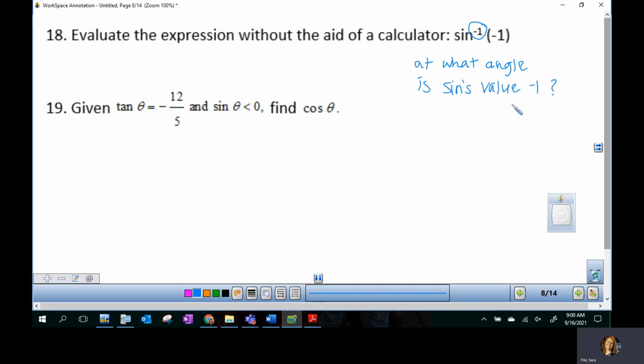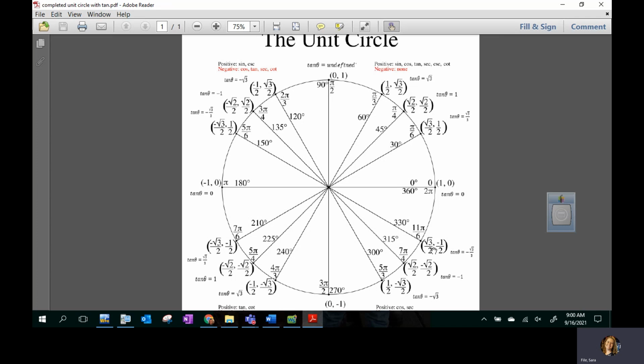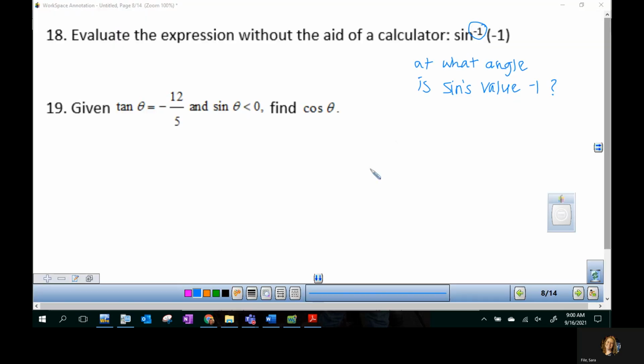So it's asking, where on the unit circle is sine -1? Sine is the y, right? So I look for where is y -1, and it's right here. So my answer is 270 if it's in degrees, or 3 pi halves if it's in radians. Does that make sense? Inverse trig means what's the angle? That's looking for the missing angle.